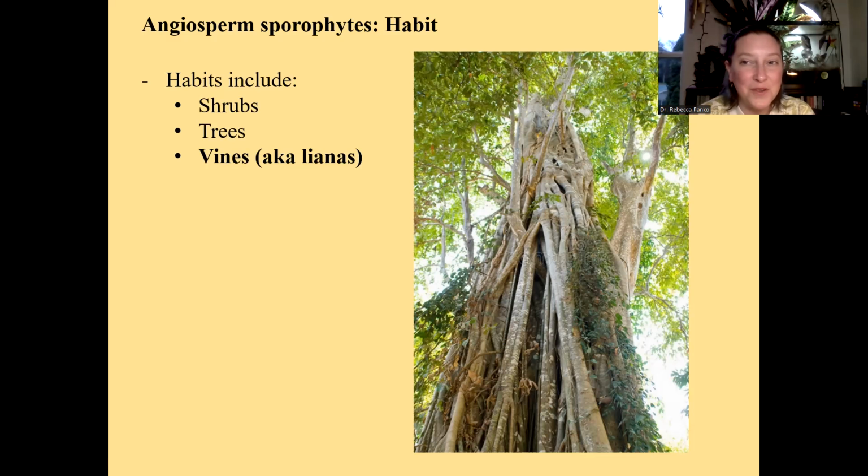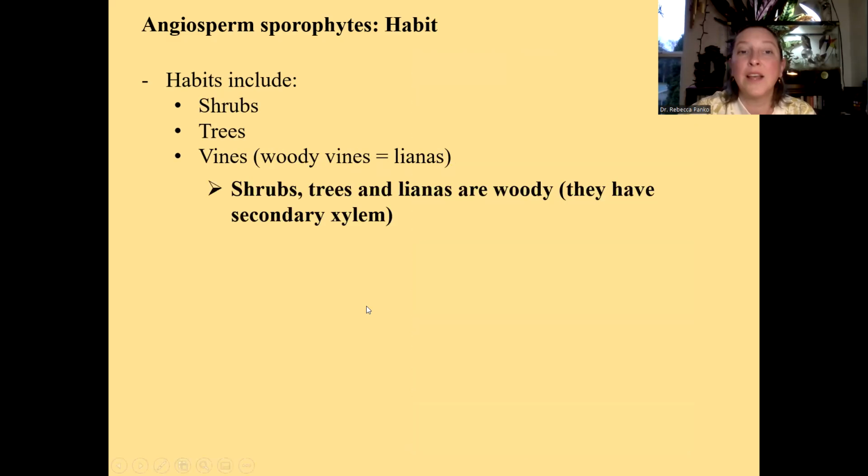So the vine has to support a person, right? So they are capable of making wood. So vines are able to make wood, aka lianas. All right, and this is what I just said: shrubs, trees, and lianas are woody in that they do make secondary xylem, unlike the herbs. The herbs don't make that. Okay.